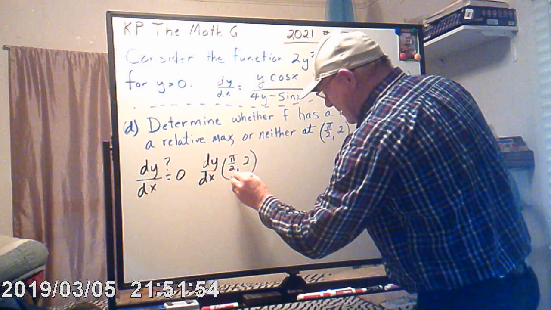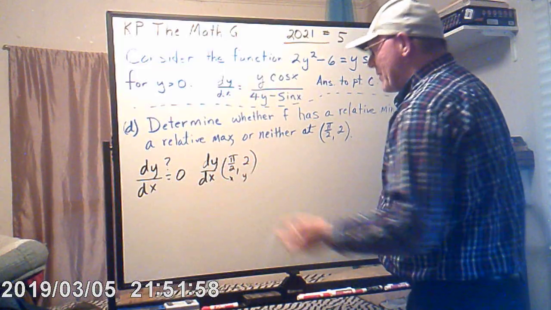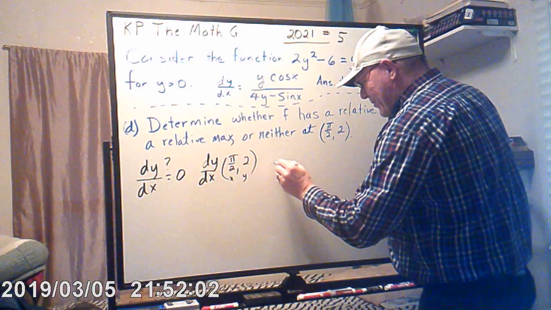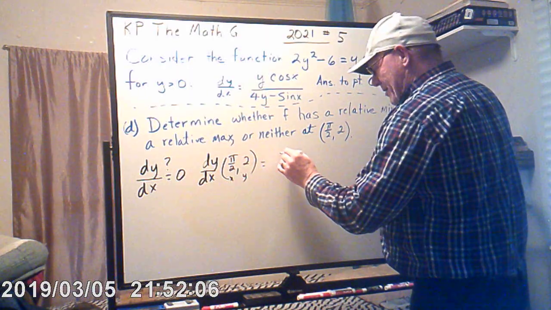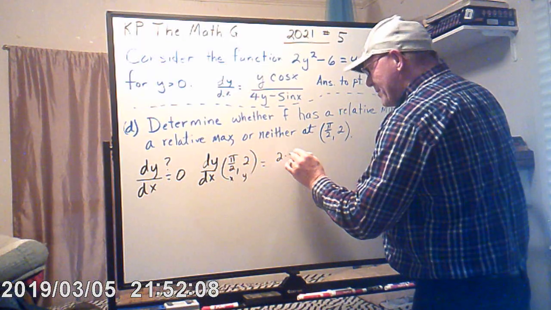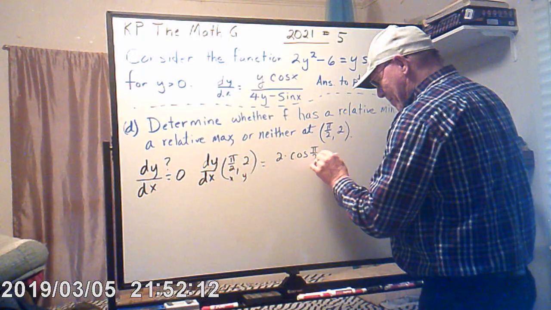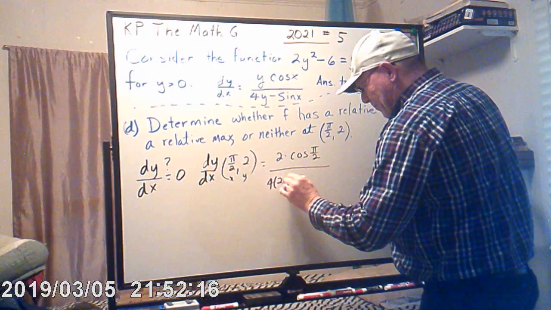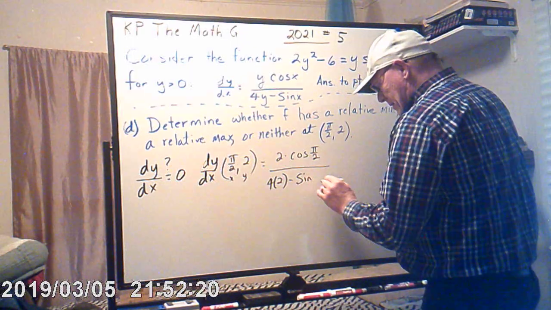So x is pi over 2, y is 2. We already have the formula before us. This is equal to 2 times cosine of pi over 2, over 4 times 2 minus sine pi over 2.